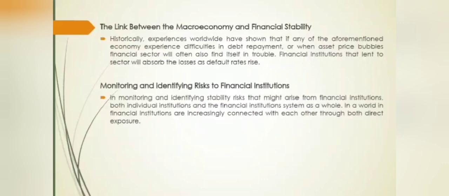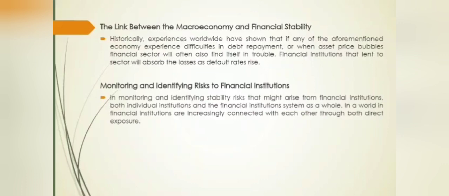Financial institutions that lend to those troubled sectors will absorb the losses when debtors cannot pay the money that the financial institution lent, especially when it threatens the financial institution's capital.